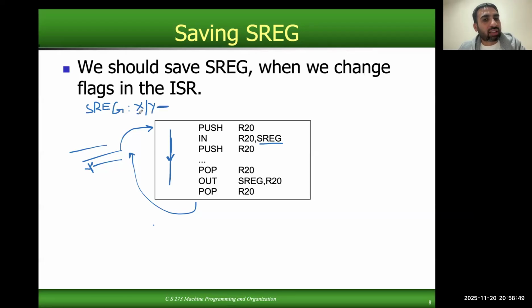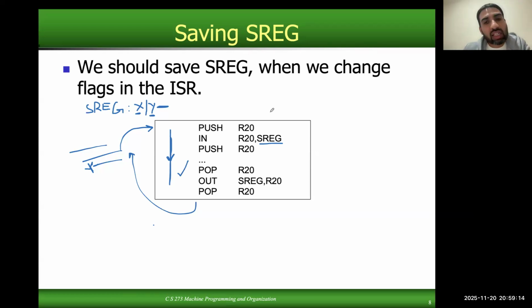The right value is X, because that is the value before the interrupt service routine was executed, right? But when we come back, the value has been modified to Y. Now maybe the branch which was supposed to be taken with the value X for the status register will not be taken when the value of the status register was modified to Y by our ISR, right?